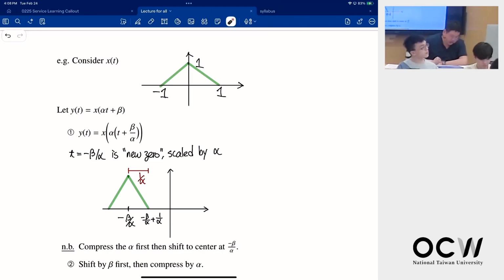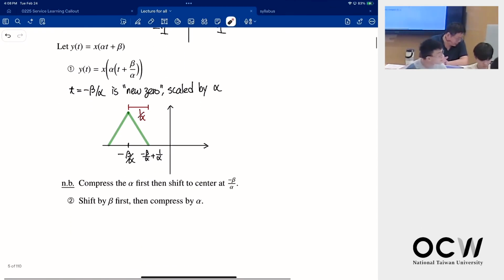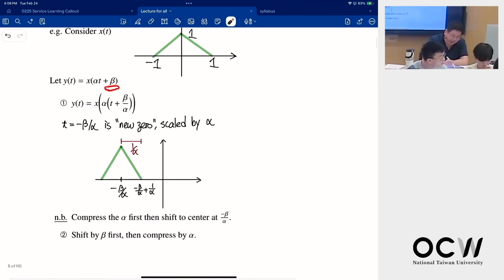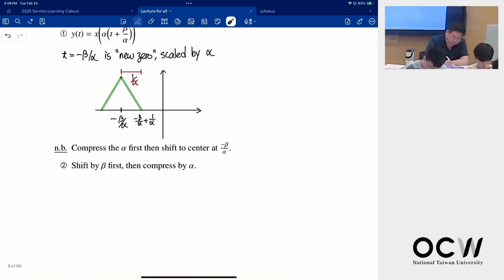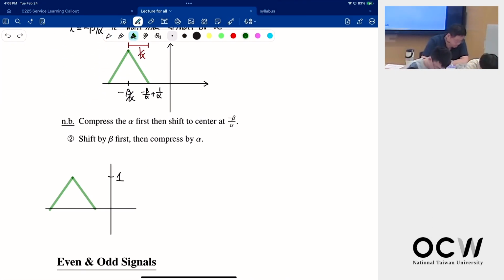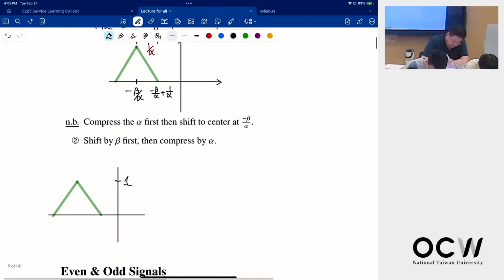So if I shift first, if I shift beta first, then we get minus beta minus 1, minus beta plus 1.